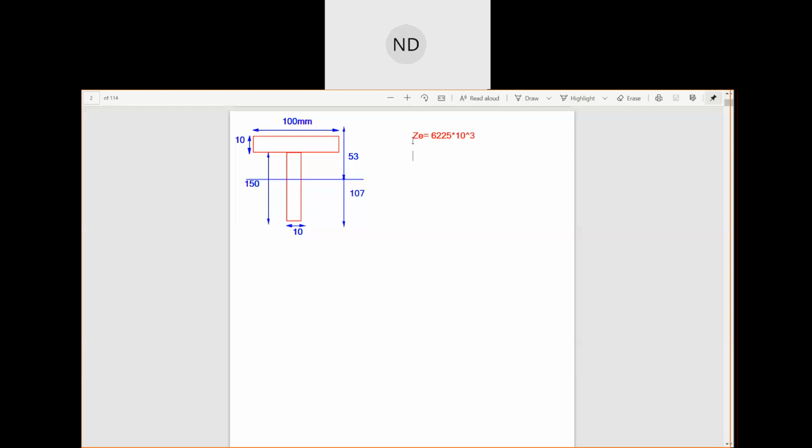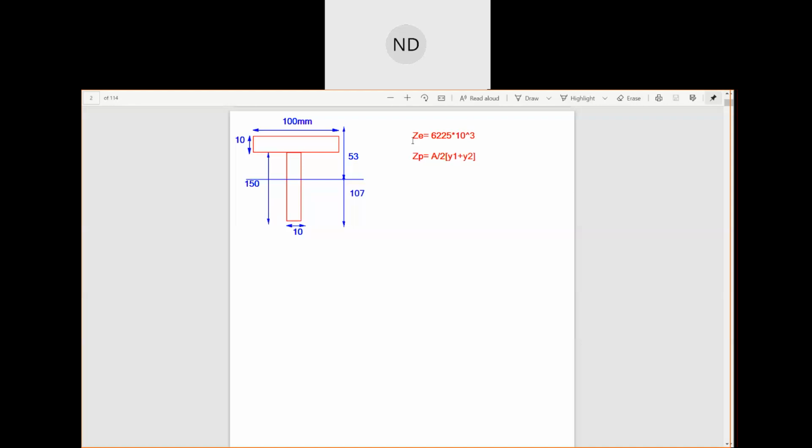Now we have to calculate our ZP. ZP is A by 2 into Y1 plus Y2, where A is the total area.